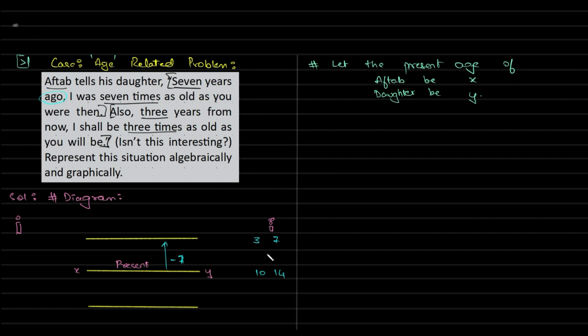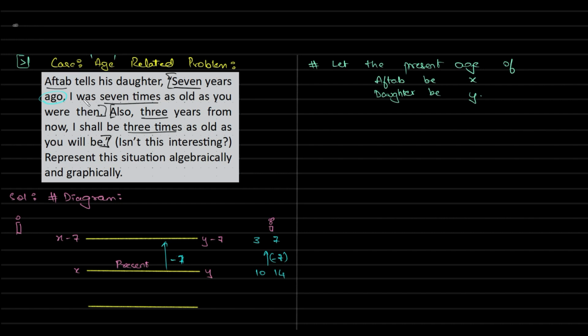So how did we get this answer? By subtracting 7. So if you have a person who is Y years old, 7 years back, he or she will be Y minus 7. A person who is X years old will be X minus 7. Doesn't matter whatever their present age is, this is true.